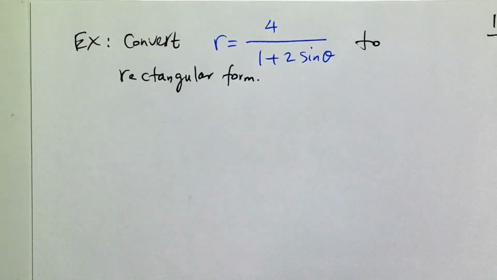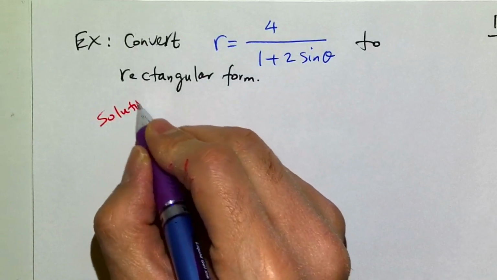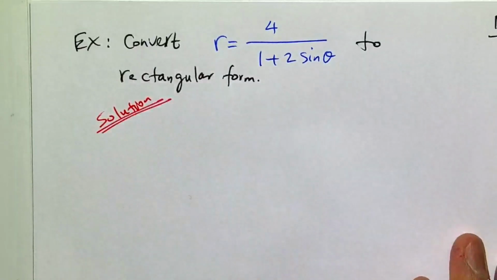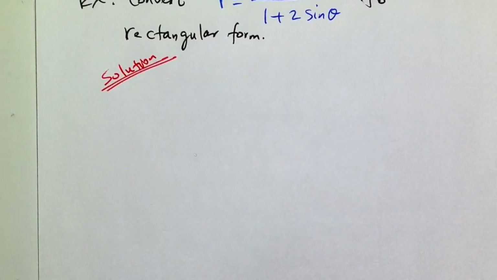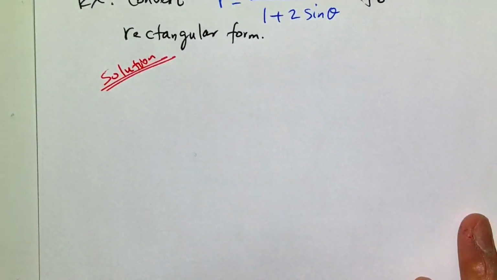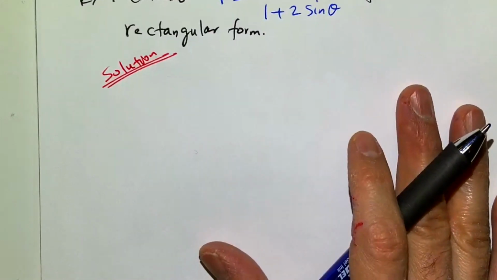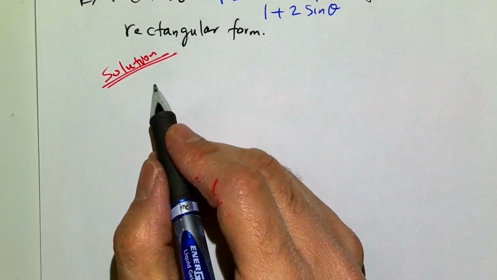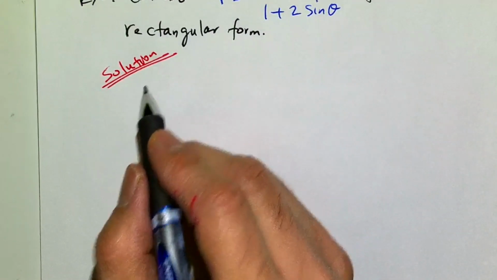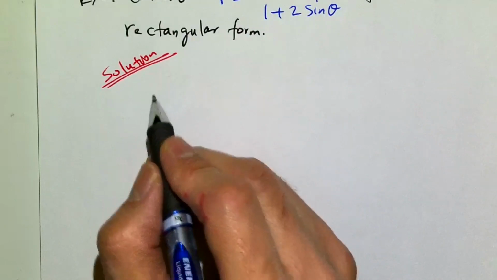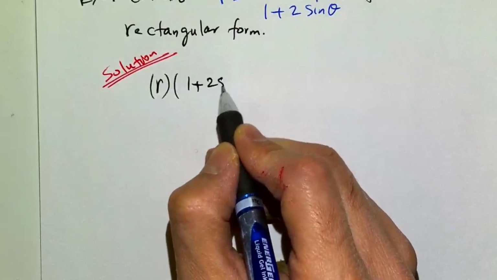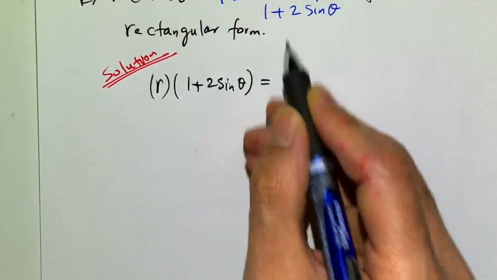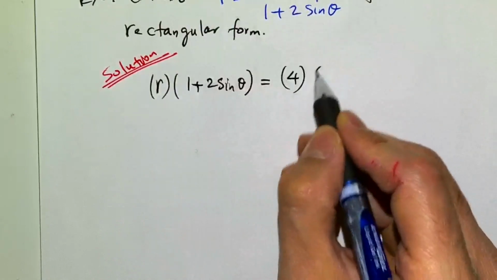Please work this out on a piece of scratch paper, especially now that we've done so many examples. You should be able to answer this and then come back to the video after that. I'm counting on you that you're doing that. So we have r times 1 plus 2 sine theta equals 4 times 1, right?